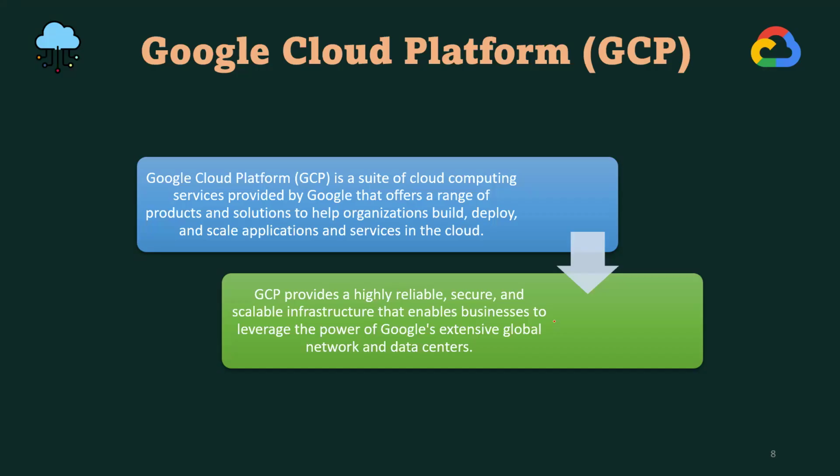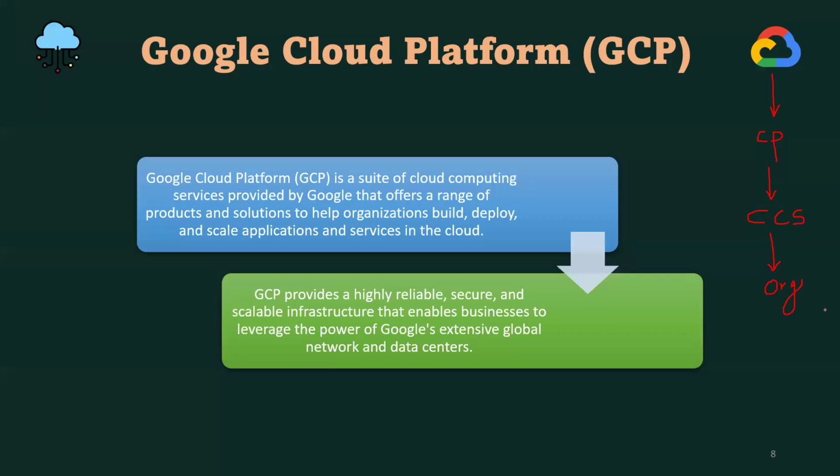There are three majorly leading cloud providers in the market, such as AWS, Azure, and GCP. So GCP is one of the leading cloud providers which provides cloud computing services to organizations.